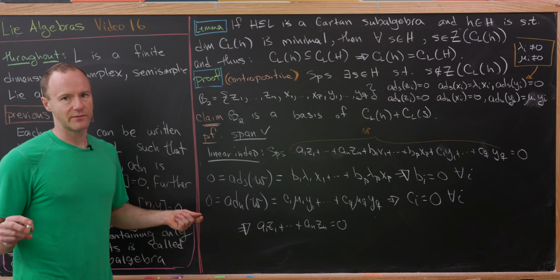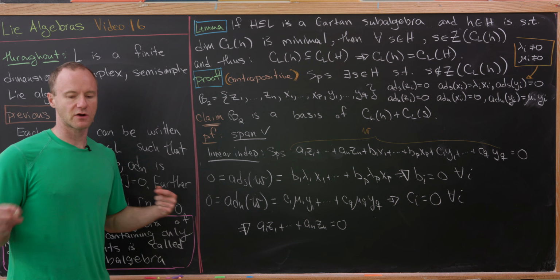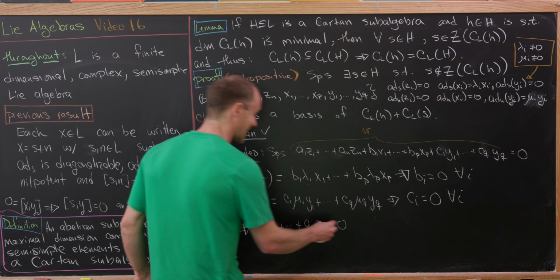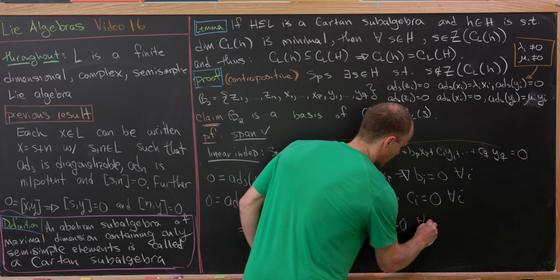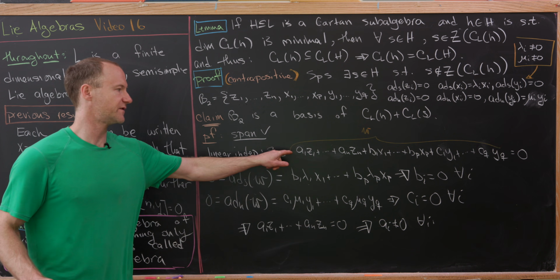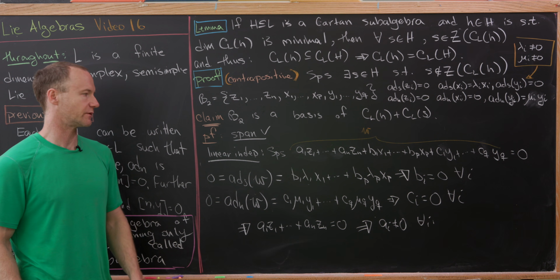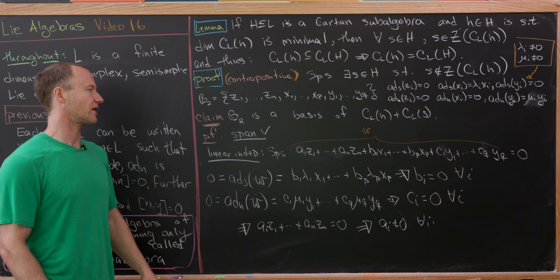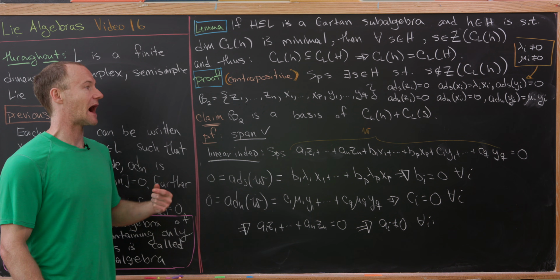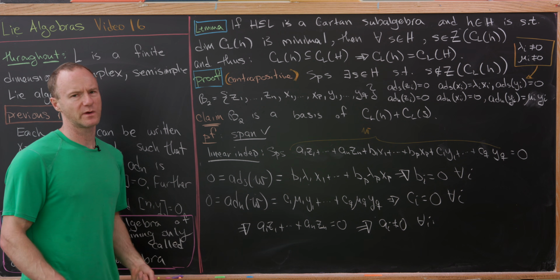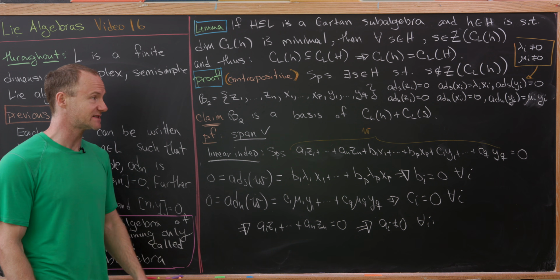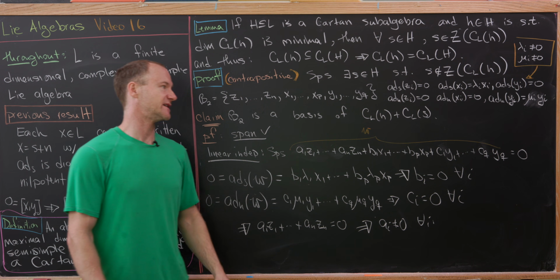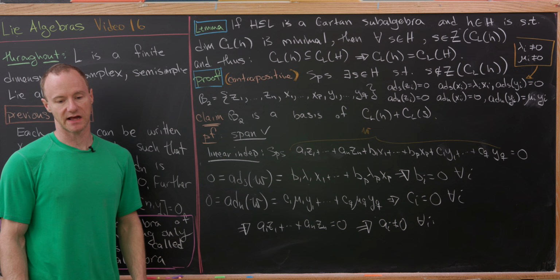We've got a linear combination of basis elements being equal to 0, meaning all the coefficients are equal to 0 again. So that means that ai is equal to 0 for all i. But that means that all coefficients of our original linear combination were equal to 0, proving linear independence of our set. That, together with the clear spanning argument, means that yes, we have a basis of this subspace CLH plus CLS.